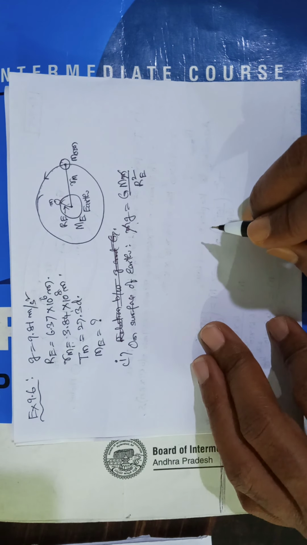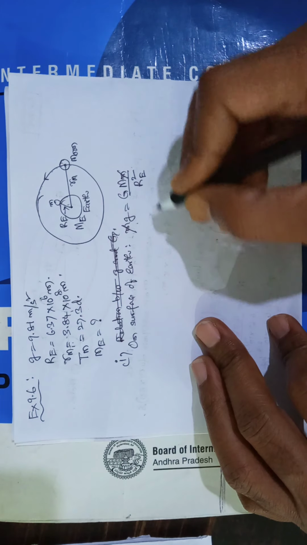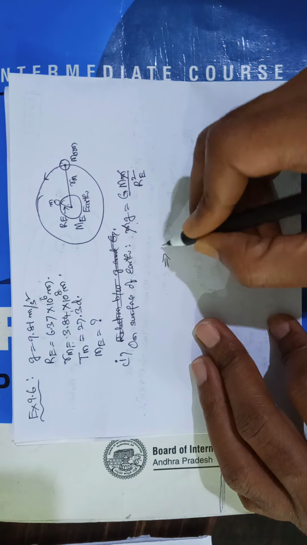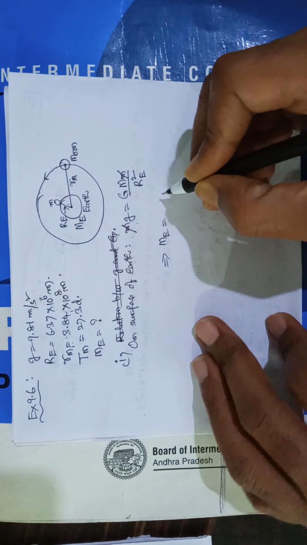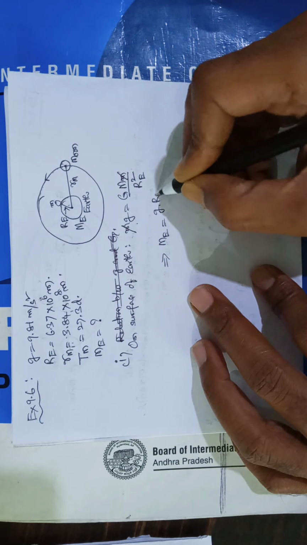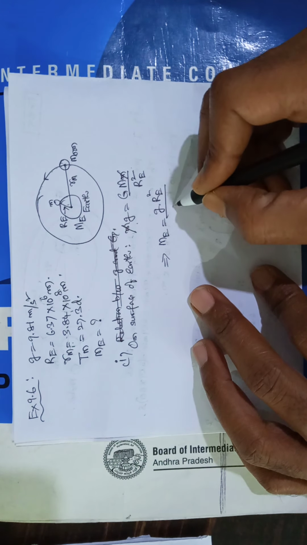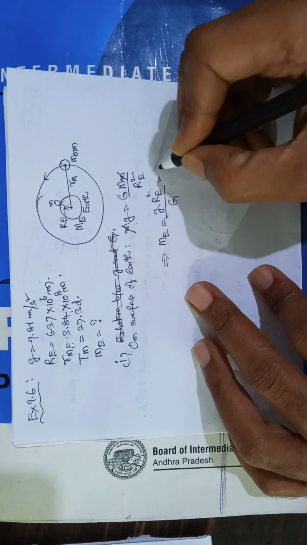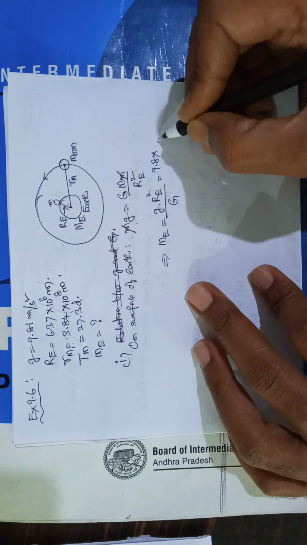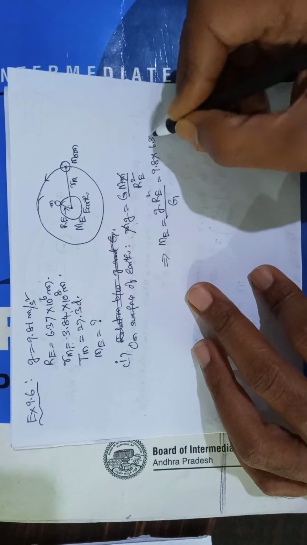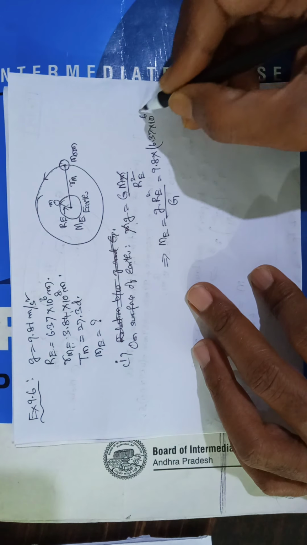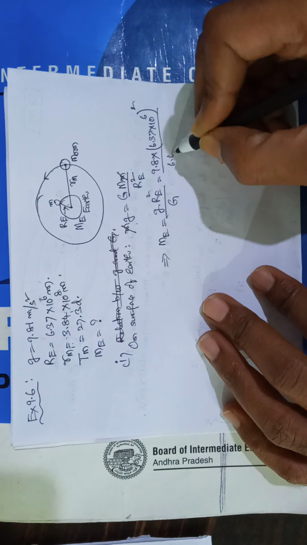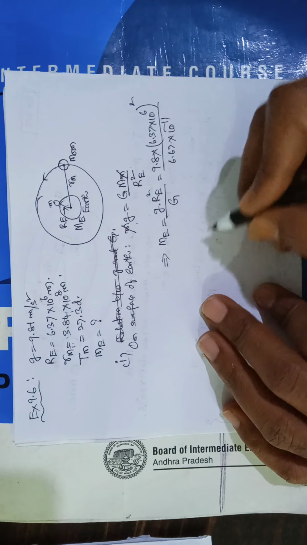From this we can find Me. Me is equal to g into Re square by capital G. g value 9.8 on the surface of Earth, Re value 6.37 into 10 power 6, by G value 6.67 into 10 power minus 11.